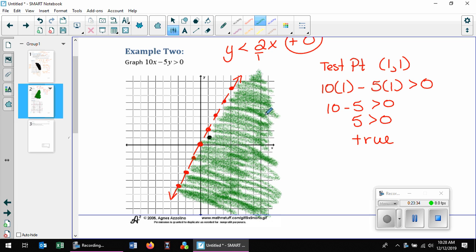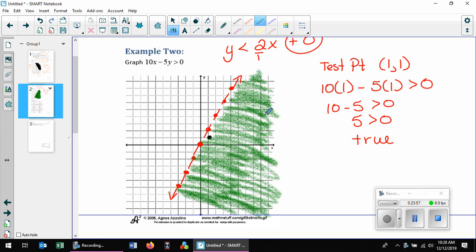How about not drawing the line? For sure, and I didn't even put the point on it. But if you did do that, just to remind yourself where you're shading or not shading, if it turns out to be false, you do have to remove that point. You shade on the other side of the line.